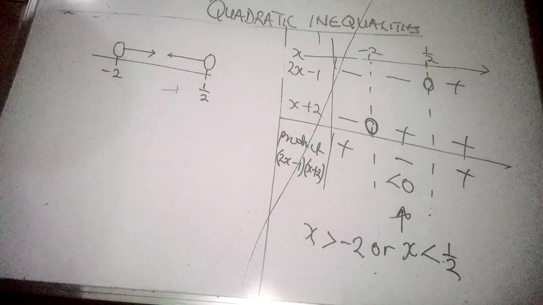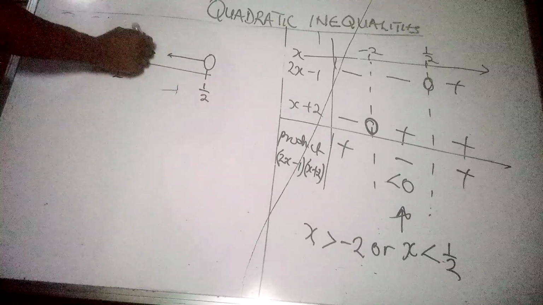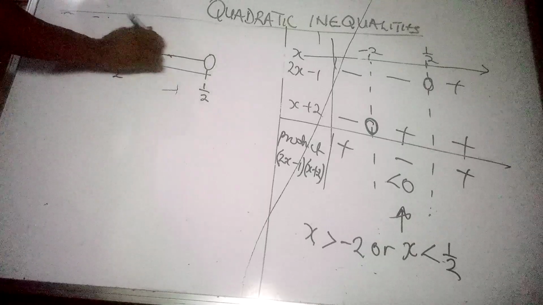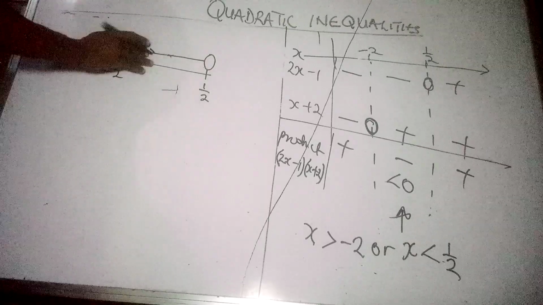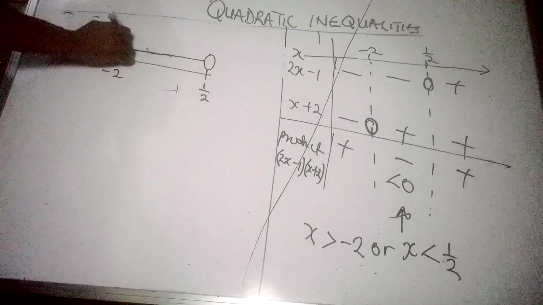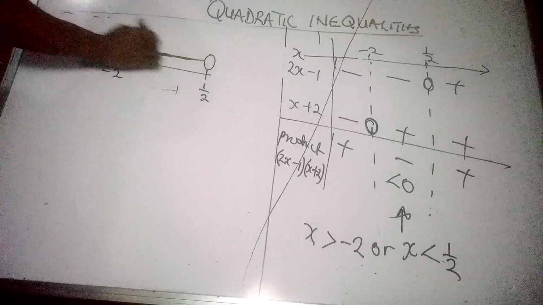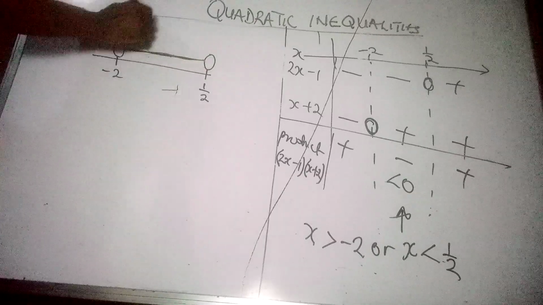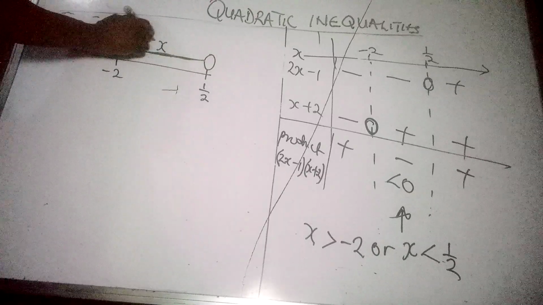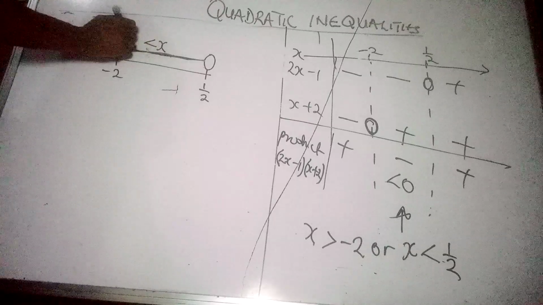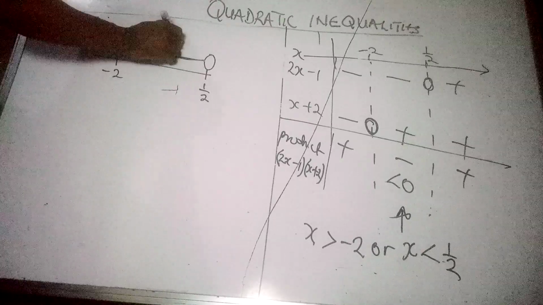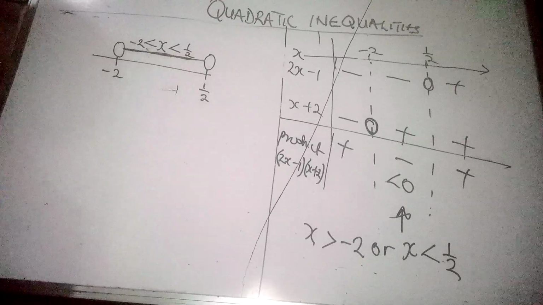So what do you observe? These two lines will meet. So once they meet, are you getting me? Then that means this is the number line that satisfies x greater than -2, less than half. I am combining them together now. Why?